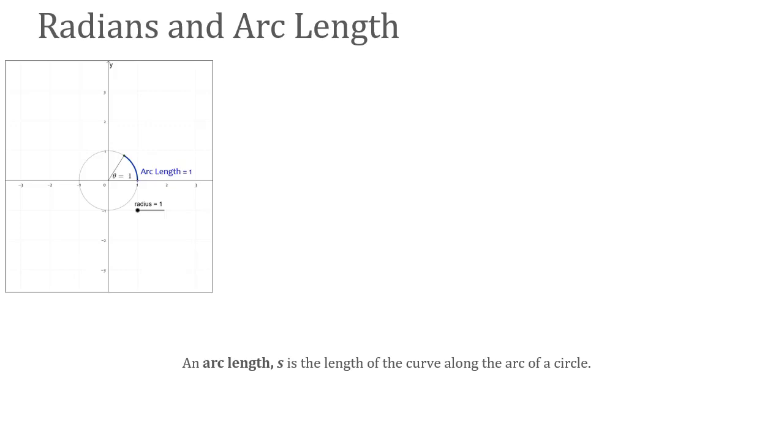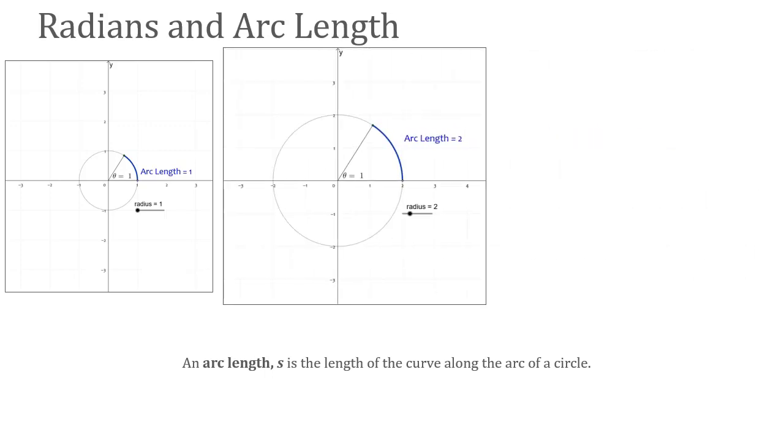Therefore, like we saw on the previous example, this angle measure is 1 radian. Likewise, if the radius changes to 2 and that radius of 2 is wrapped around the circle, we create an arc length of 2, and notice that it says that theta is equal to 1, theta being the angle measure, and the 1 being the number of radians.